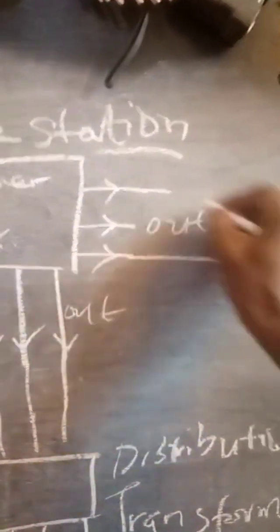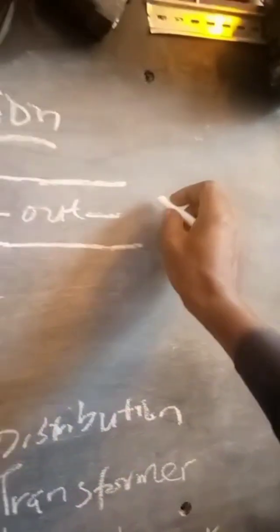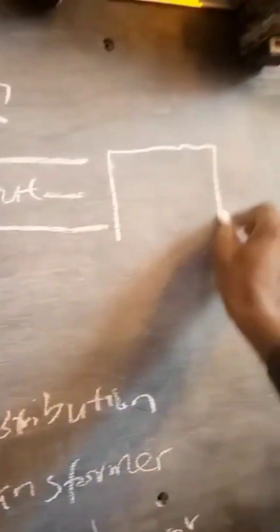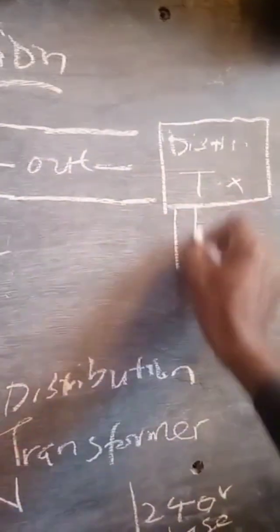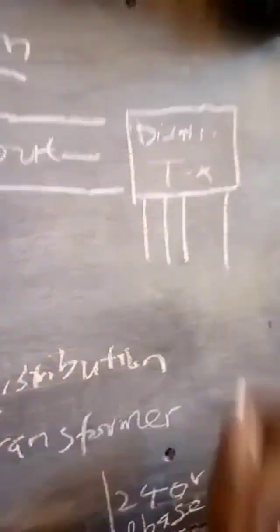If we come to this other side, we can also have another distribution transformer just like this one here, which now also gives 4 wires.